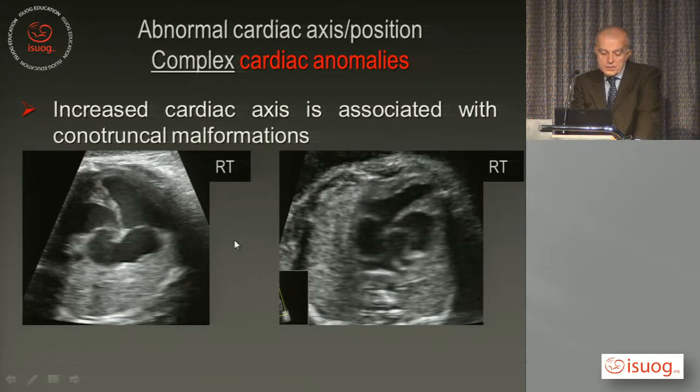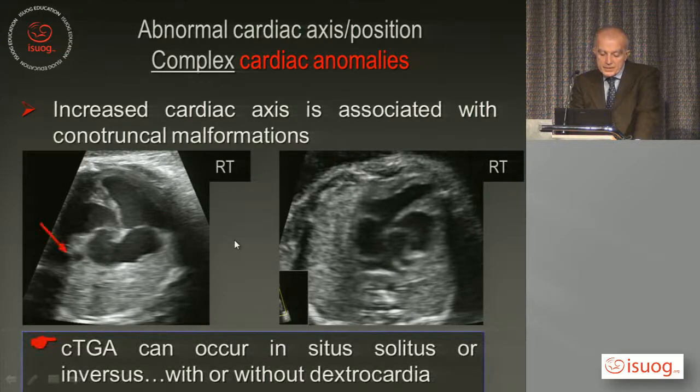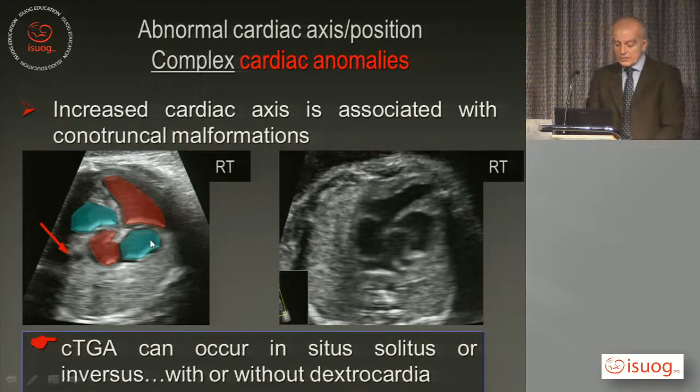So if I should name and tag the four chambers, then this is the left atrium, this is the morphological left ventricle sitting on the other side, and then this is the right ventricle, morphologically right ventricle sitting on the left side of the heart, and this is the right atrium, of course.